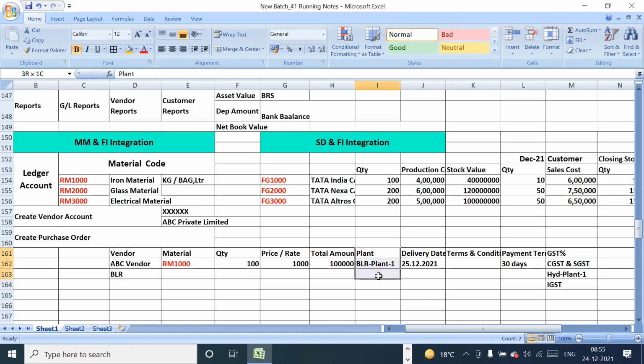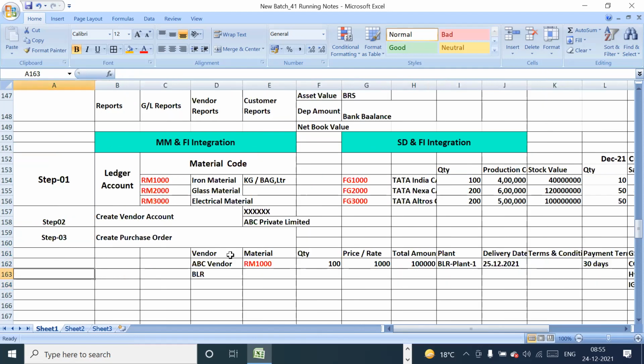So where we are going to deliver, the delivery date, terms and conditions, payment terms, and accordingly GST is applicable, whether CGST, SGST or IGST. Then what else? Plant, all these things are fine. For which company are you going to buy this material? Whether for Tata Motors or Tata Steel or Tata Consultancy. In the Tata group, there are so many registered companies.